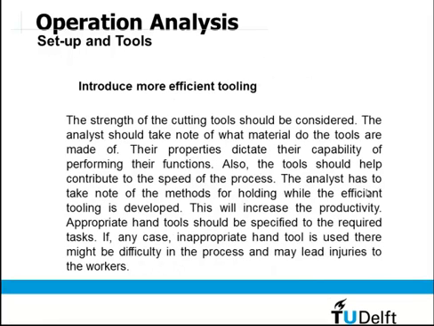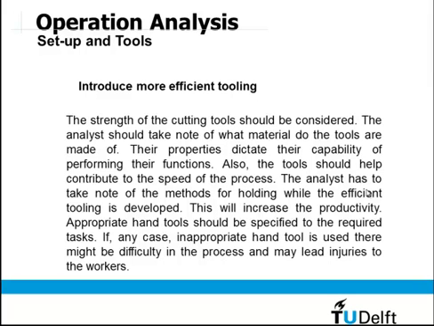Introduce more efficient tooling. Here we have to concentrate on the type of the tooling, what metals it is made of, and we have to concentrate on the strength and the speed of the tooling.